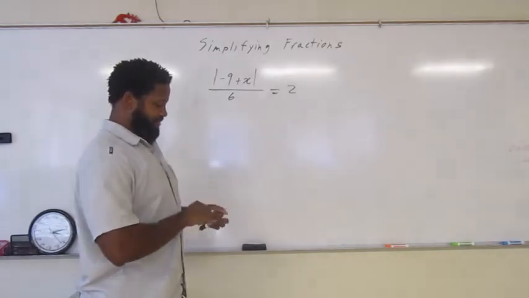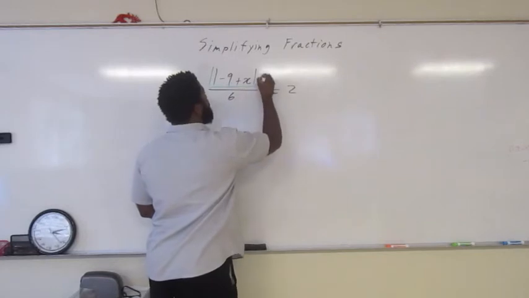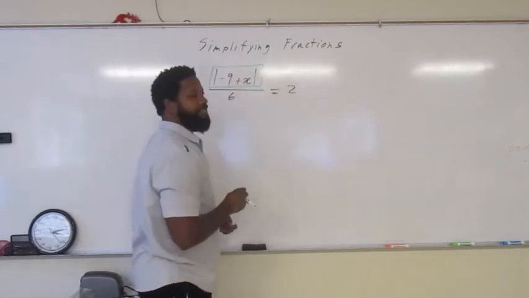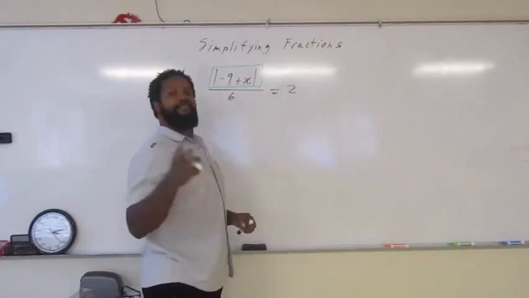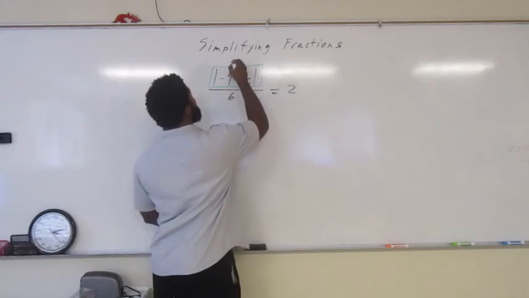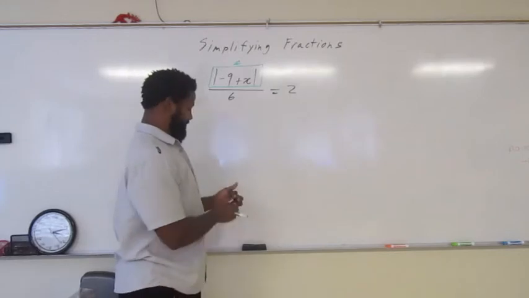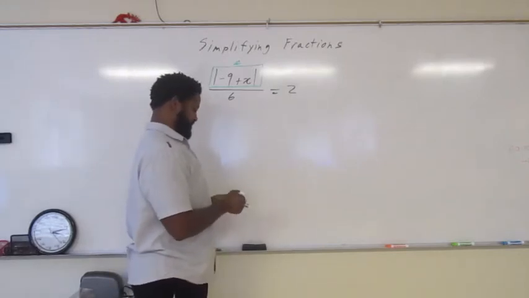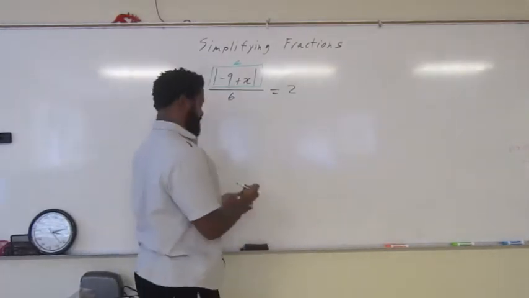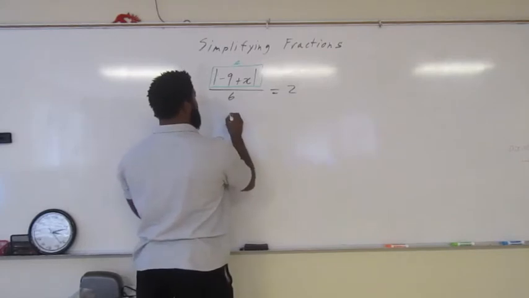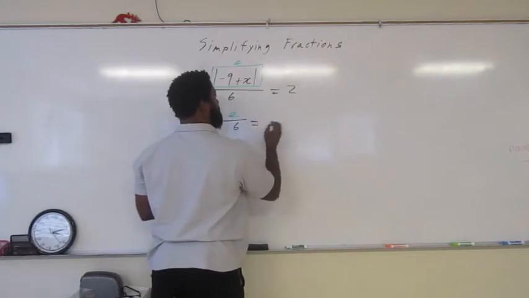You box it and turn it into x, or you can turn it into whatever variable you want: A, B, C, D, E, F, G. Let's use E. Let's call that box E. And us calling that box E, you have E over 6 equals 2.